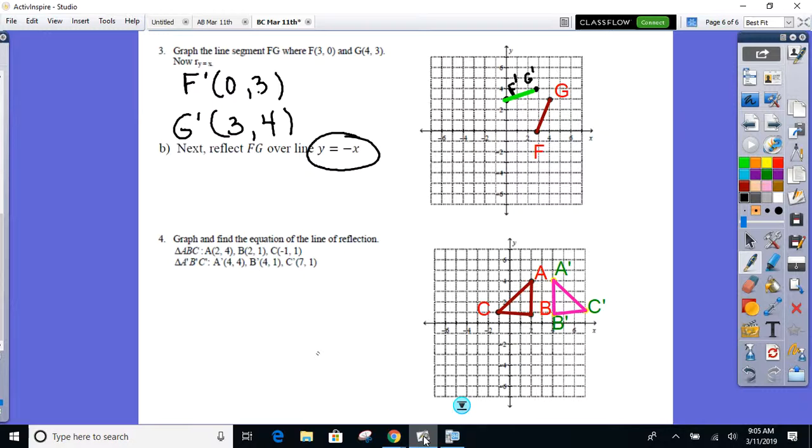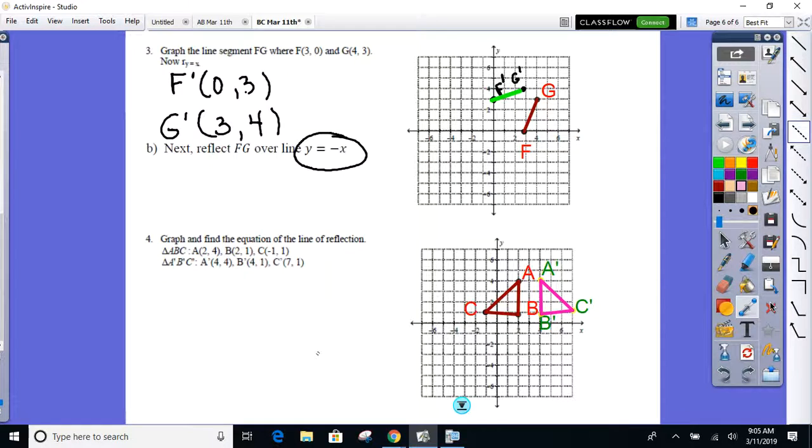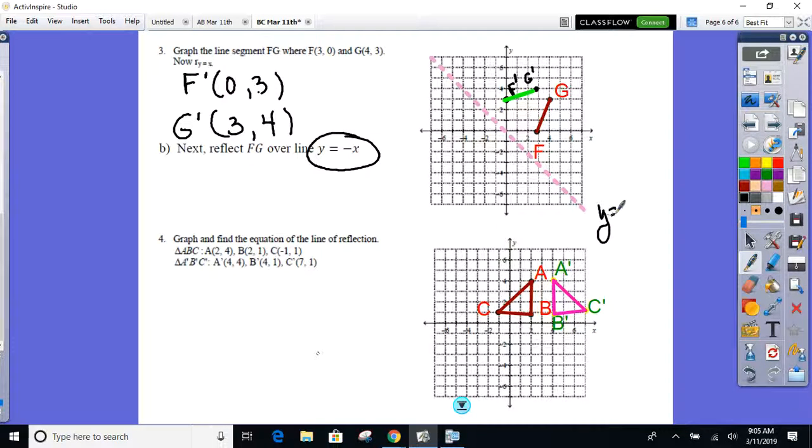Well, y equals x, we flipped them. y equals negative x. Thoughts? Well, let me draw the line in, and then we can take some guesses. y equals negative x.